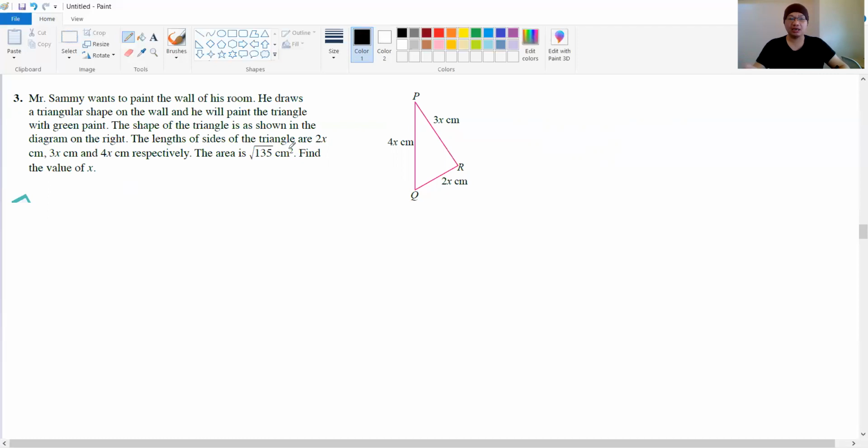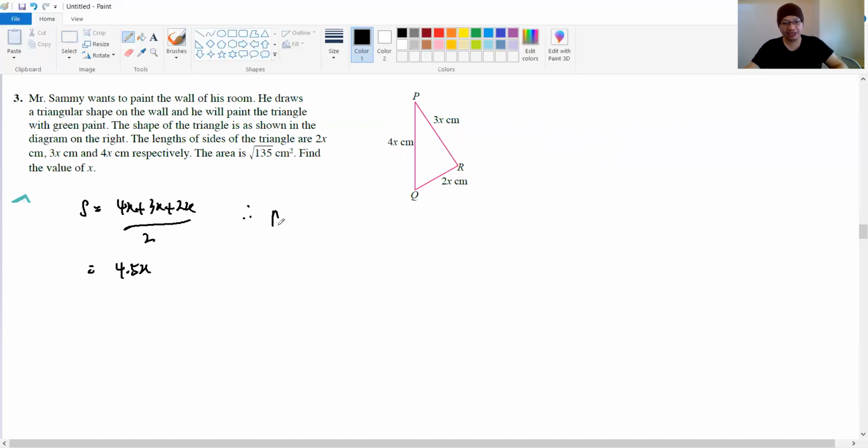As usual, apply the Heron method. So first step, find your s. x plus 3x plus 2x divided by 2. So 4 plus 3, 7, 7 plus 2, 9, 9 divided by 2, 4.5x.